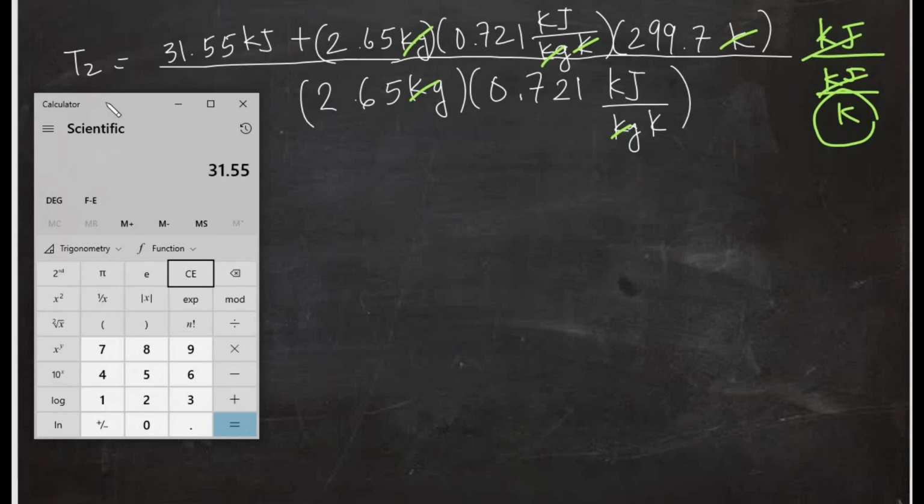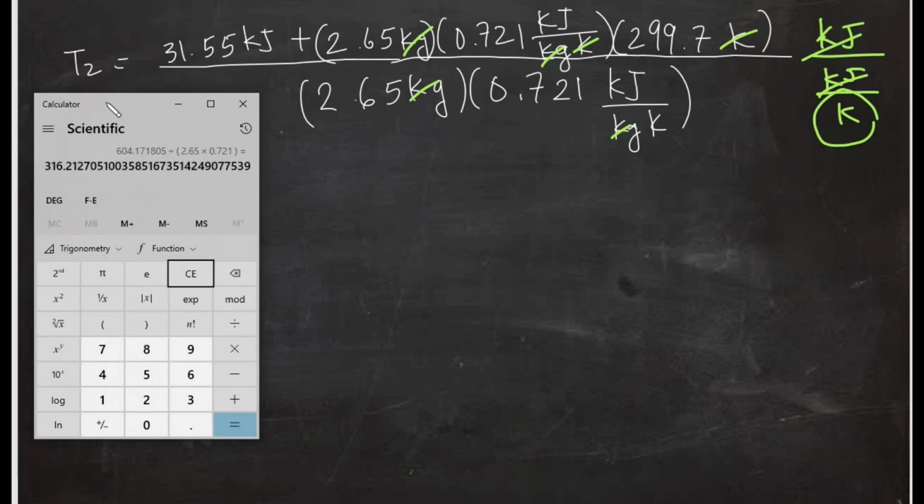You can follow along with me here. So, 31.55 plus 2.65 times 0.721 times 299.7. Okay? And then we divide that by 2.65 times 0.721.